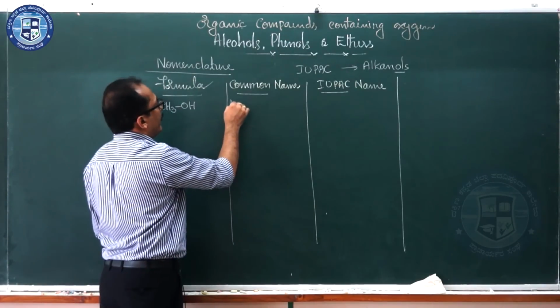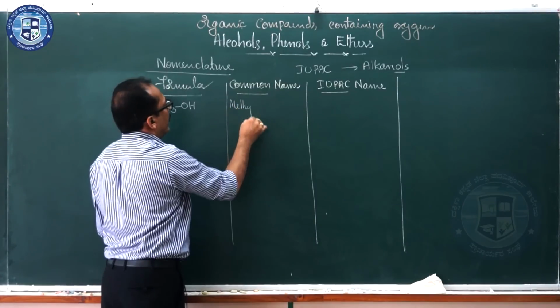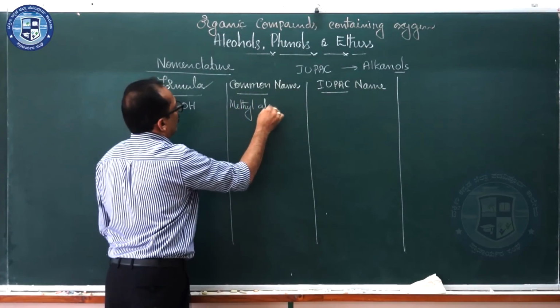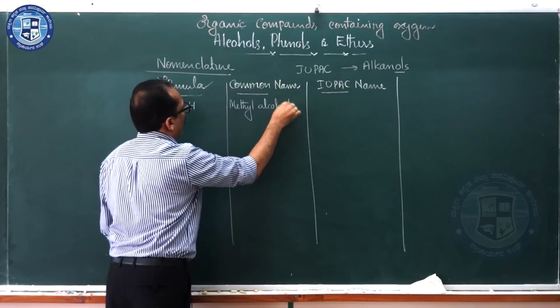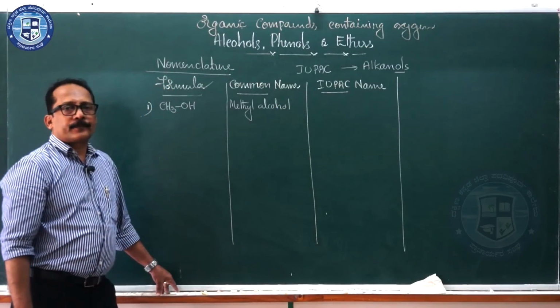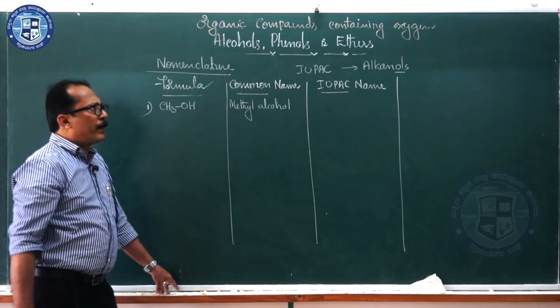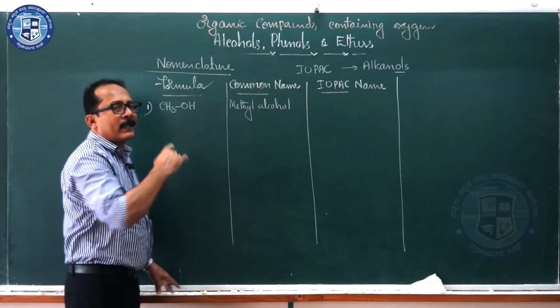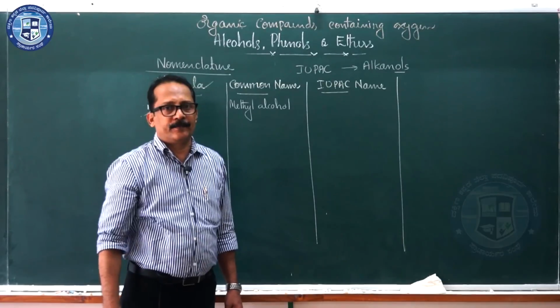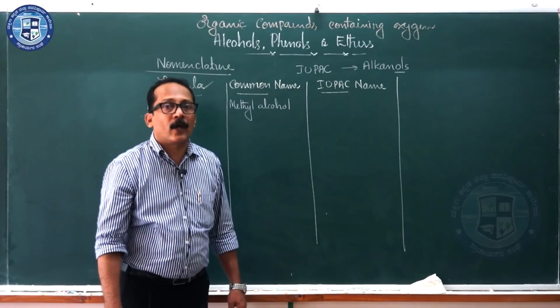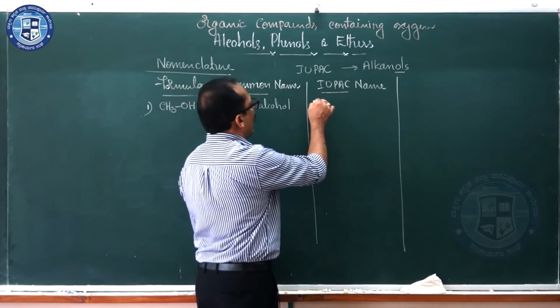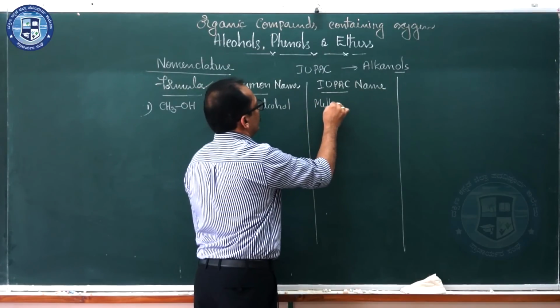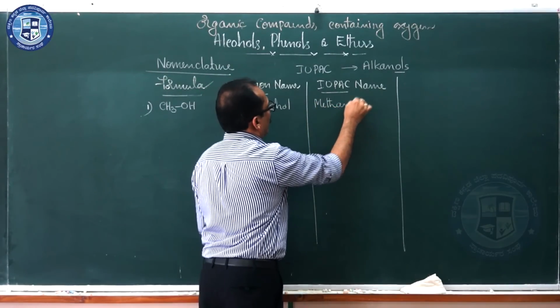Therefore, common name is methyl alcohol. And according to IUPAC system, name is derived from the alkane. Alkane having one carbon atom is methane. Ending is replaced by ol. So it is called methanol.